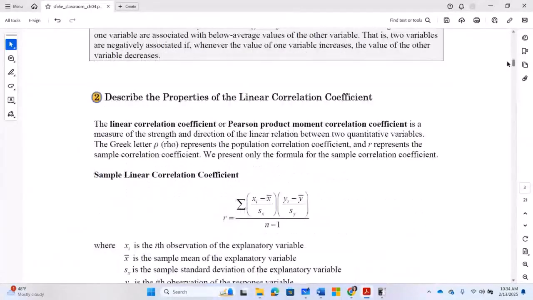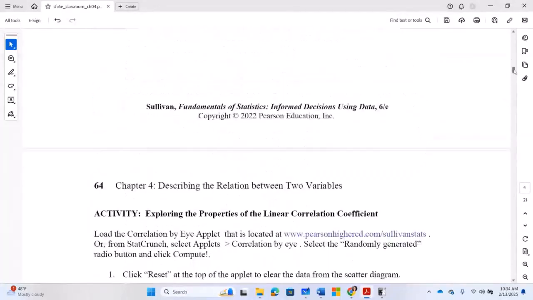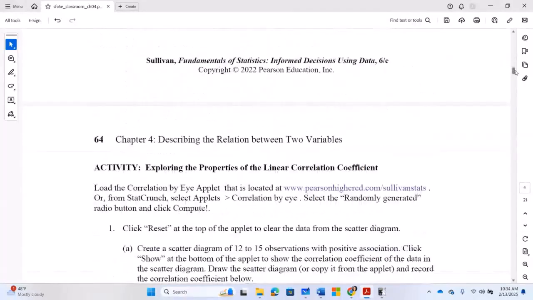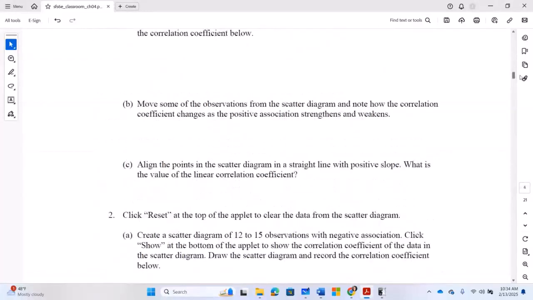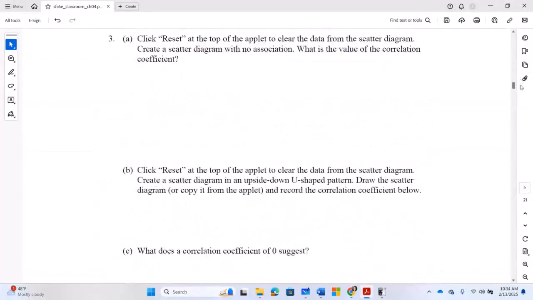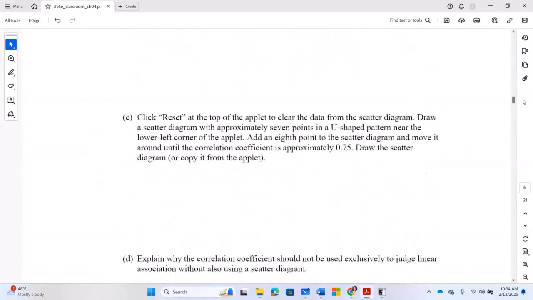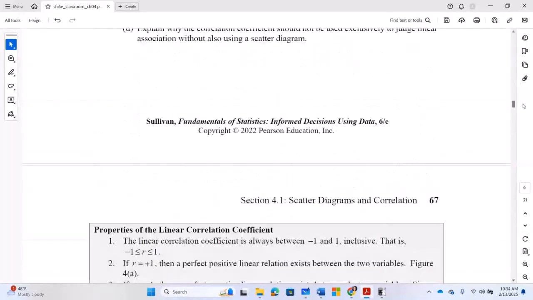And by the way, this is the formula for R. We encourage you to calculate R with your calculator, not by equation. Okay, so don't use the equation. All right, so I'm going to pick another example, and we find the coefficient of correlation.